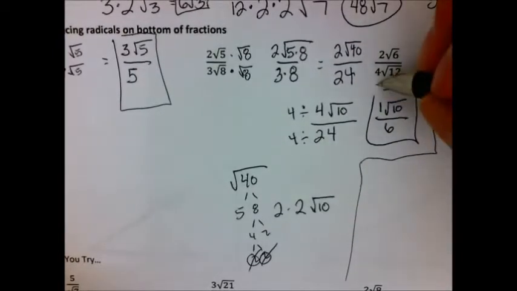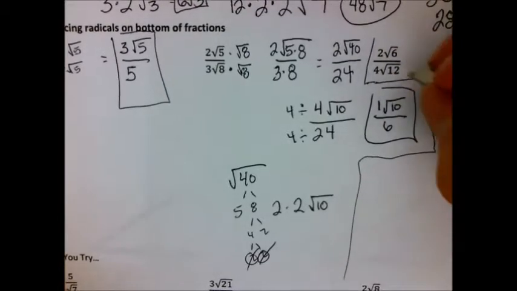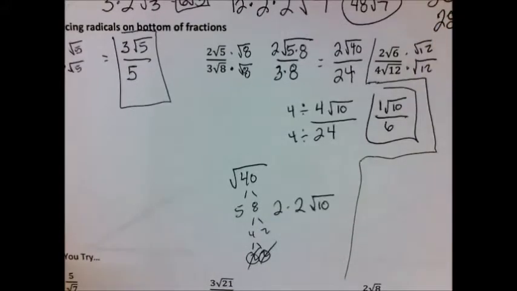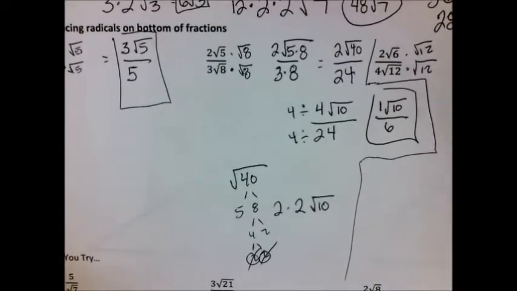Do the next one. So this bottom, we want to get rid of that. So we have to multiply top and bottom by square root of 12. So this becomes 2 square root of 6 times 12 all over 4 times 12.